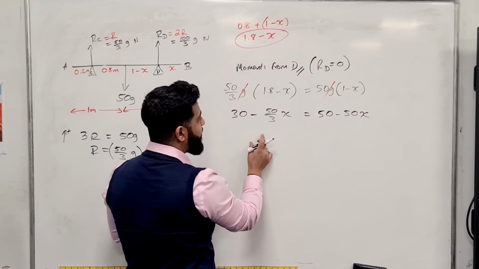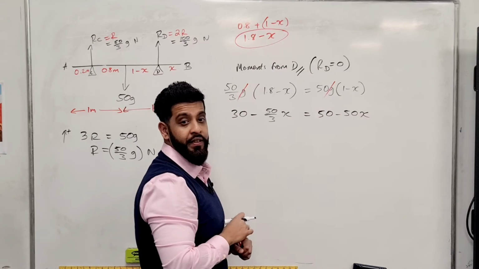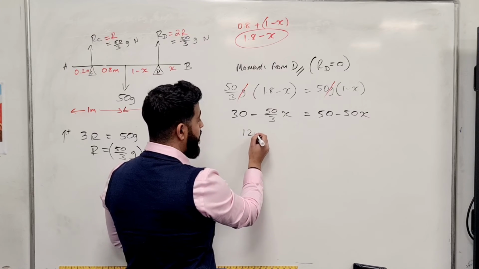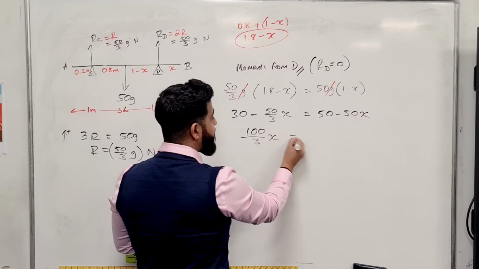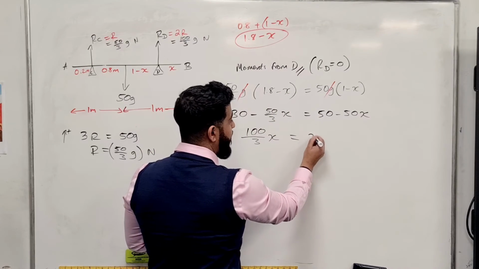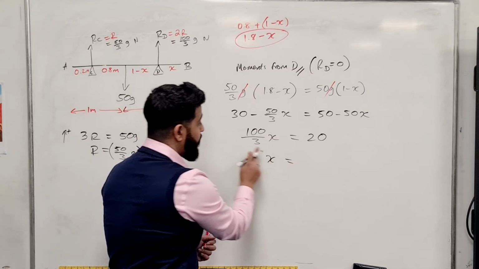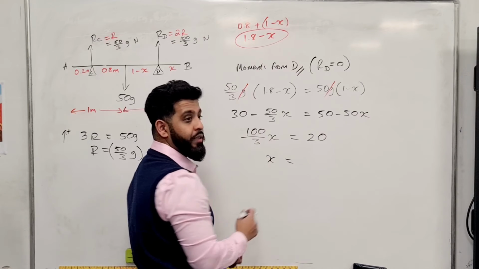So what do we get when we have 50 minus 50 over 3 plus 50? 100 over 3x on this side, and on the other side we should have 20. Now all we have to do to find our x would be to multiply by the 3 here and then divide by the 100. Off you go.